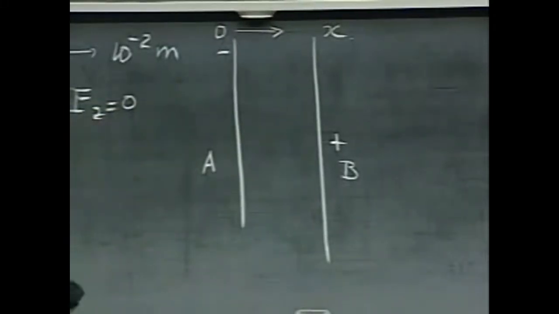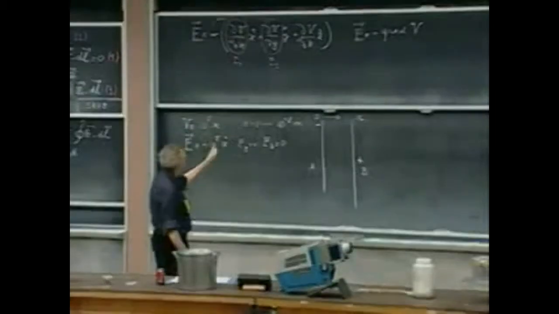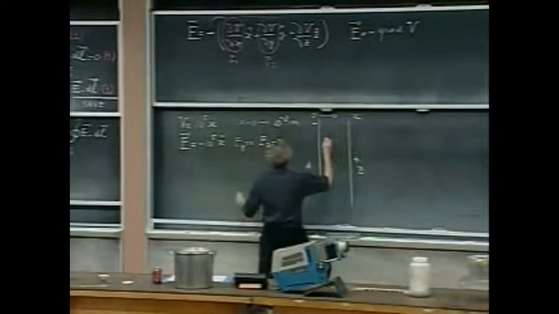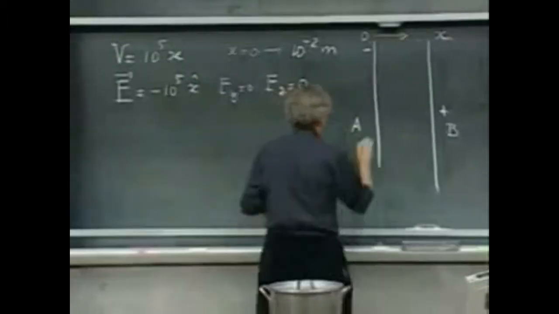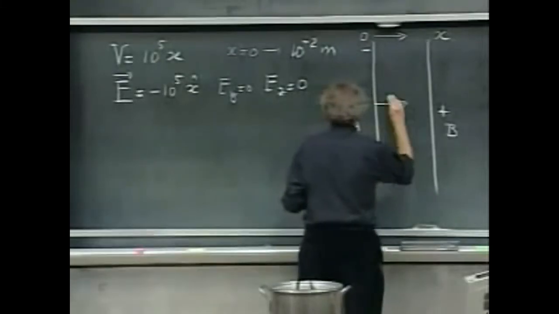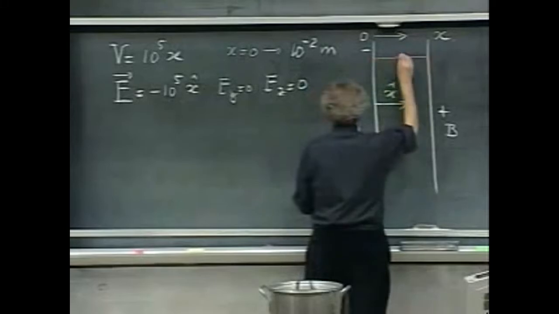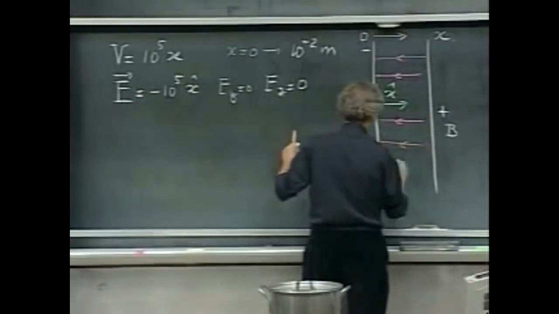So I can put the electric field inside here, according to the recipe, minus 10 to the fifth, in the direction of minus x roof. So x roof is in this direction. The electric field is in the opposite direction, and it's the same everywhere, and that is very physical.